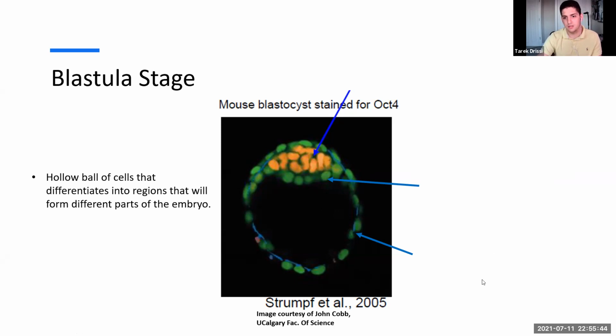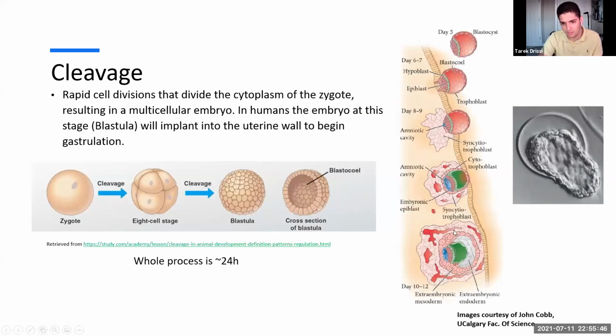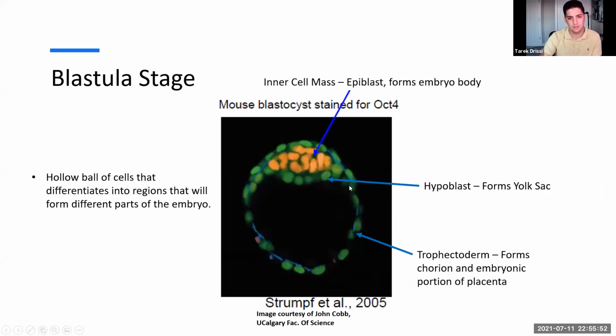That's the area around it where it interacts with the female uterine wall. Every part of the blastula forms a different thing at the end of implantation, but the inner cell mass is what we're concerned with. That's what the embryo comes from.